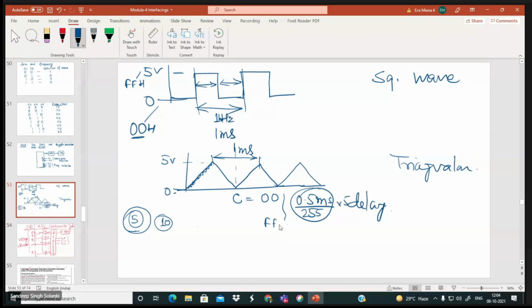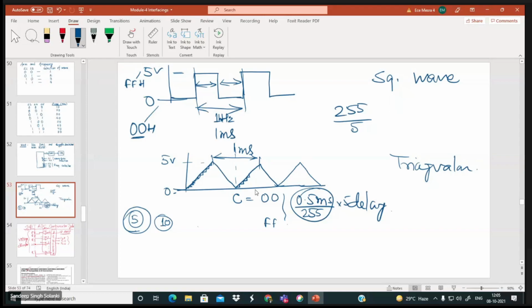So for the step size of 1, are you getting it? If I say it is a 5, how many steps will be there? 255 divided by 5, those many steps will be there, correct? Yes or no? Okay.